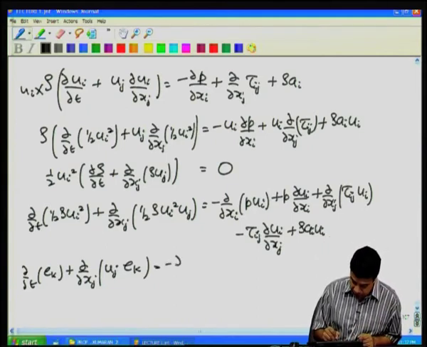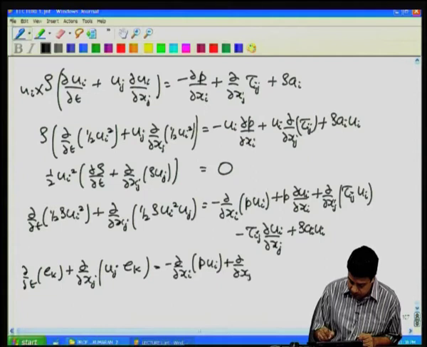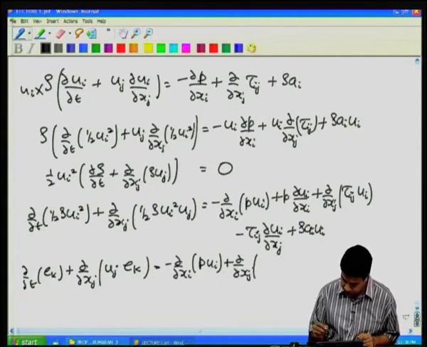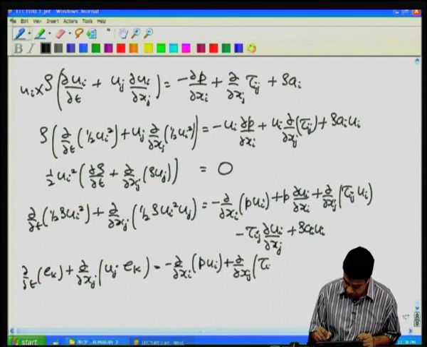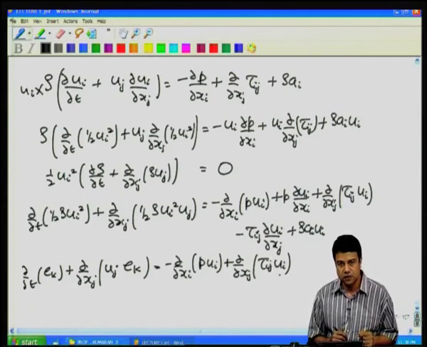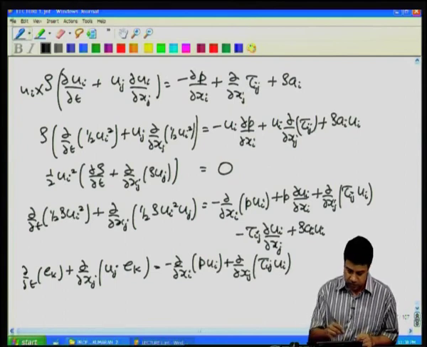Is equal to minus partial by partial x_i of P u_i plus partial by partial x_j of tau_ij u_i. Okay. So, those are the first two terms, those are these two terms.